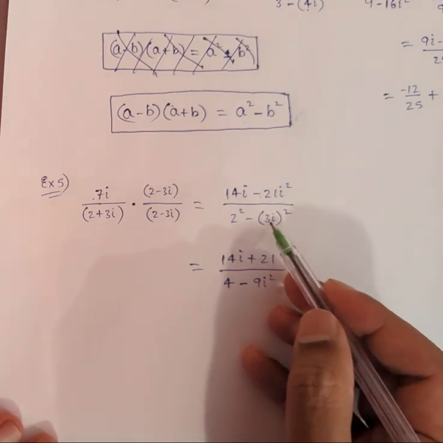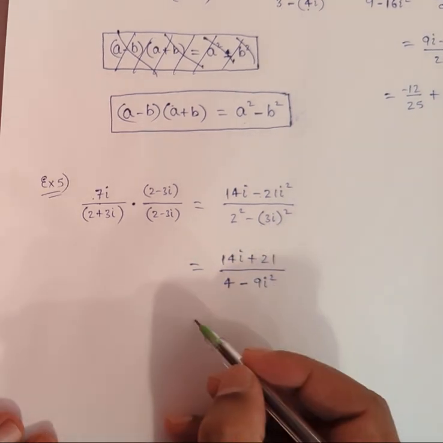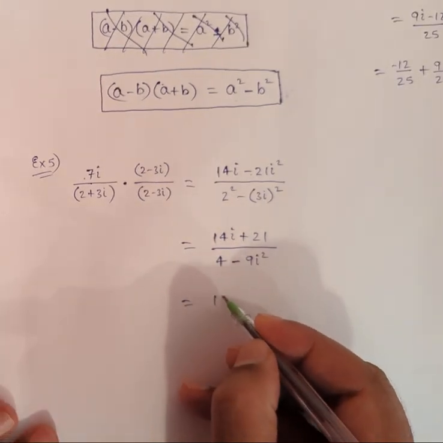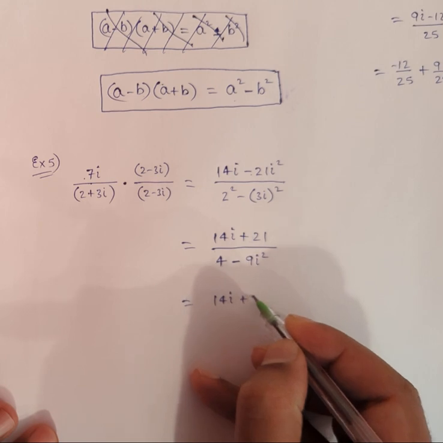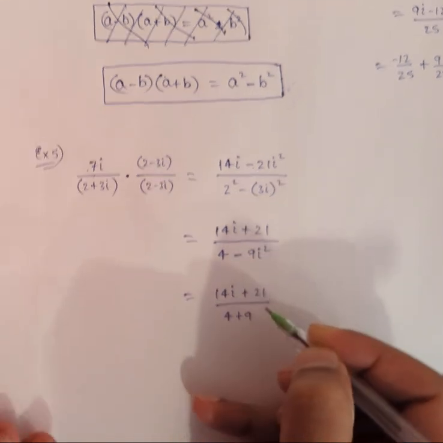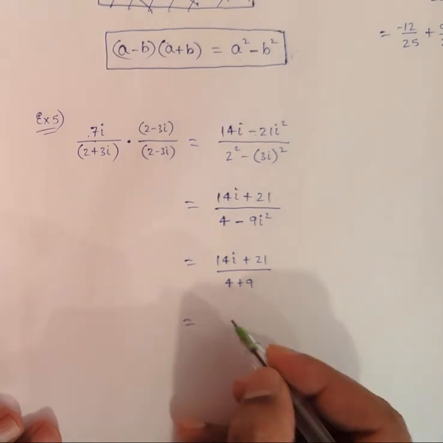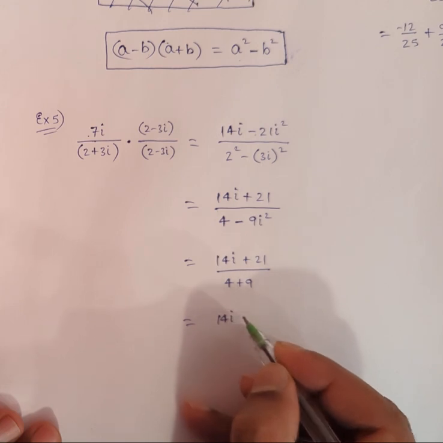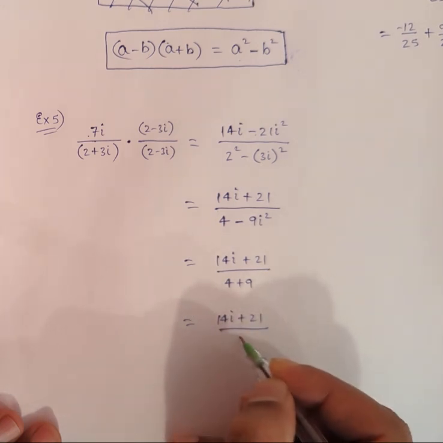You're only squaring the 3 and i. So you get 9i squared. So this is going to be 14i plus 21 divided by 4 plus 9. So that's going to be 14i plus 21 divided by 13.